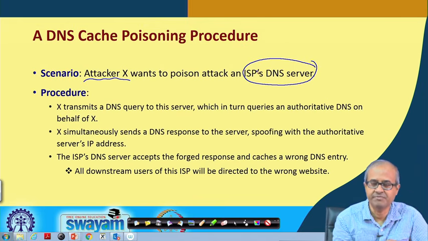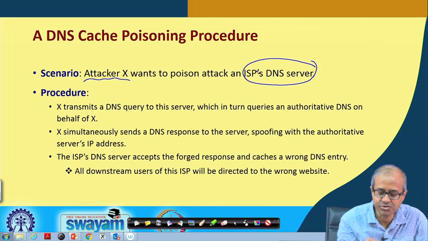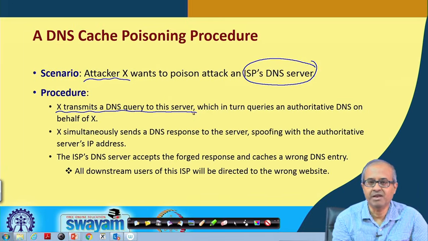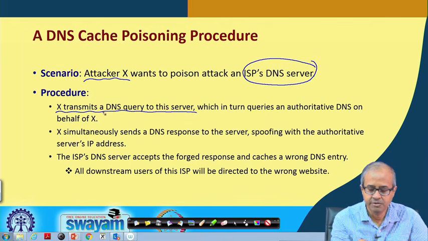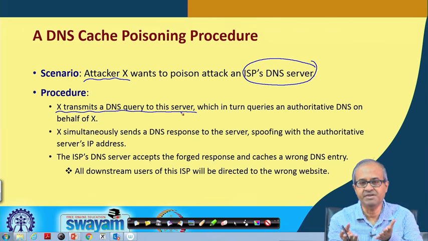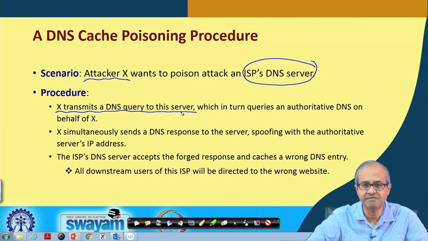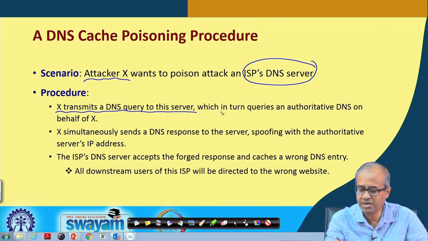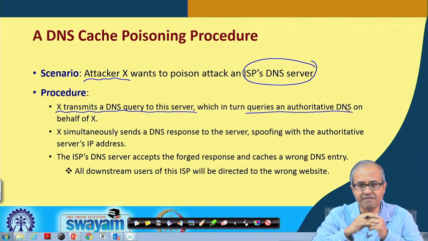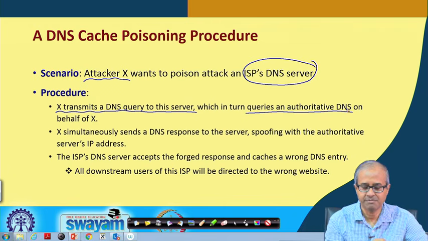X will transmit a DNS query to this server. It will send a request that, well, I want the IP address of SBI.in, State Bank of India. So, what the ISP's DNS server will do, if it does not have the information, it will ask the next higher level server for the information. It will in turn query some higher level authoritative DNS server to get back the response.